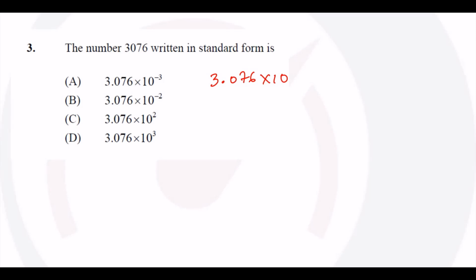Now we need to determine how I would convert 3.076 to 3076. That would mean I have to multiply by 1000. If I multiply by 1000, that's 10 to the power of 3. So our answer is going to be D.